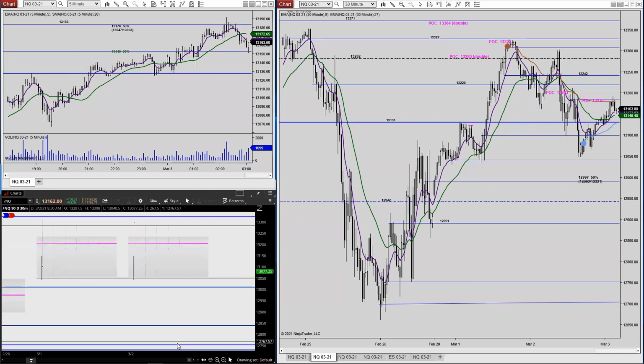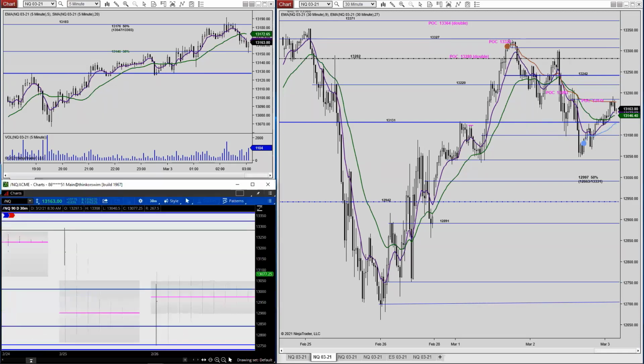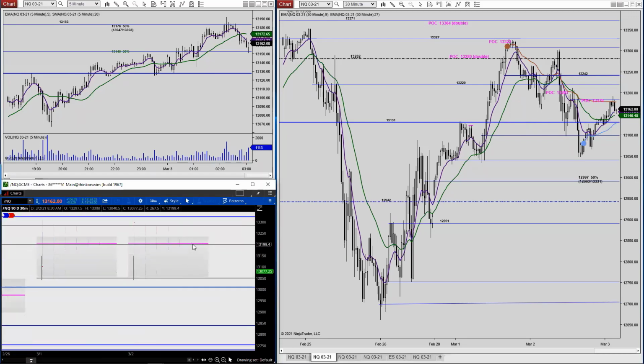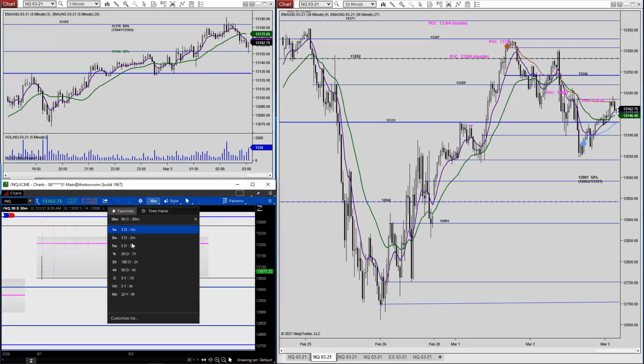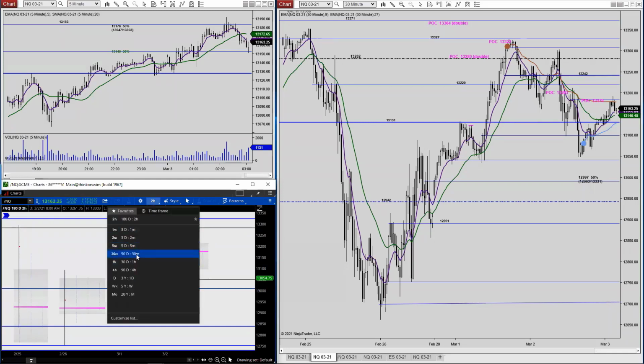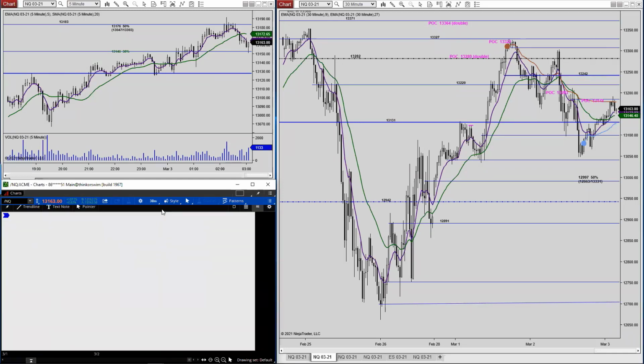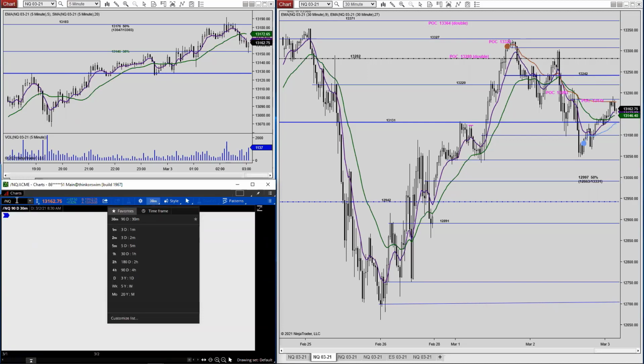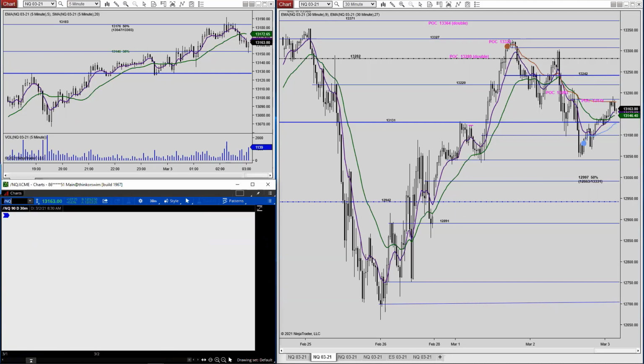But you can see here, we rallied up in here to 31.70, and right here is 31.79.